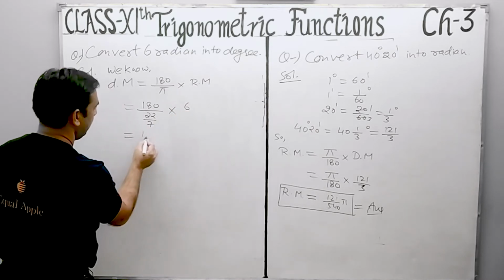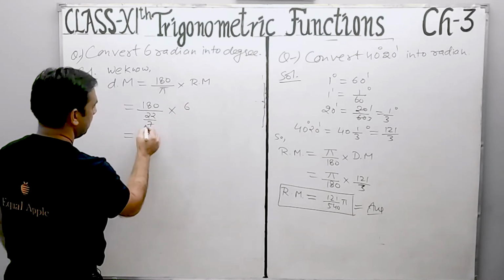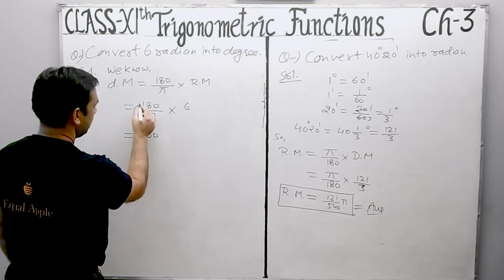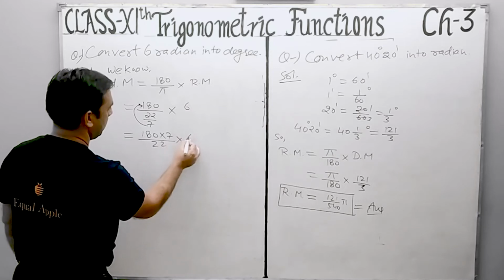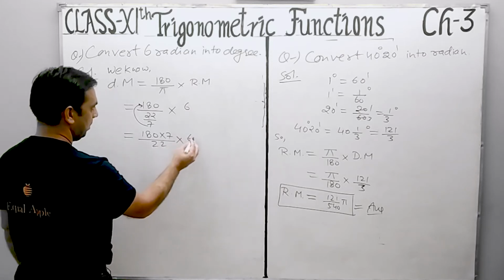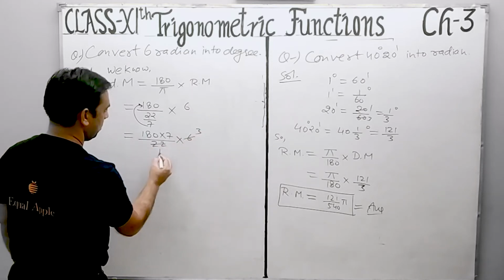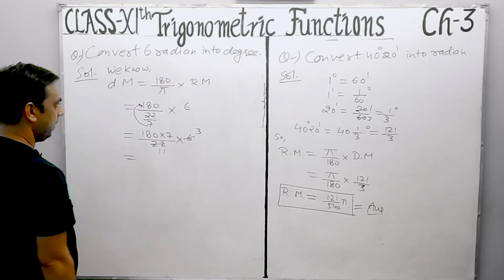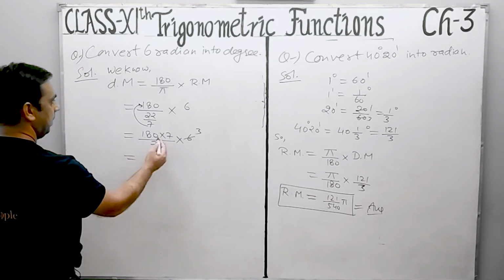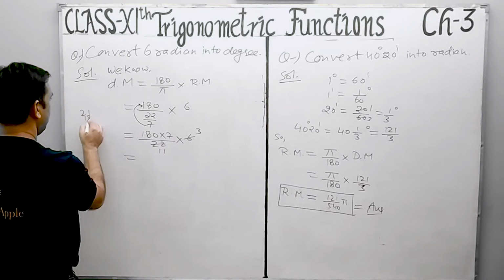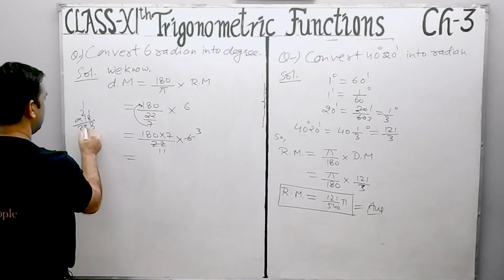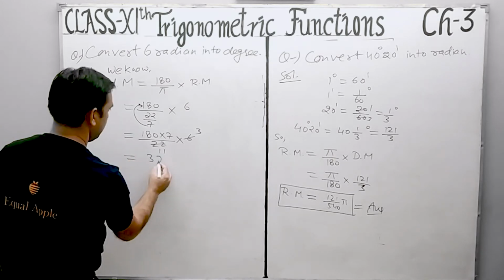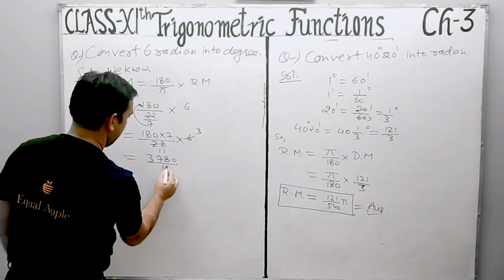So here 7 comes in the numerator, and 22 into 6. Now we can cancel out 2 by 2, 11. So here we can see the value is 18 into 21, so 18 times 1 is 18, 18 times 2 is 36. It will be 3780 upon 11.